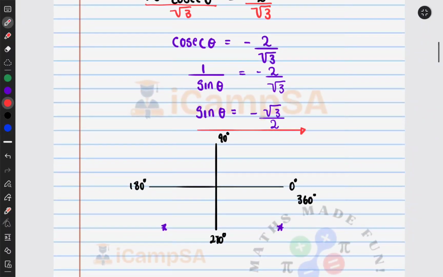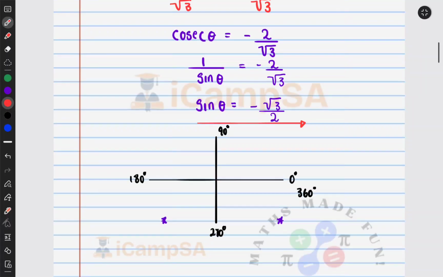Let's quickly check which quadrants are between 90 degrees and 270 degrees. It's quadrant 2 and quadrant 3. We know it can't be quadrant 2 because sine is positive there.